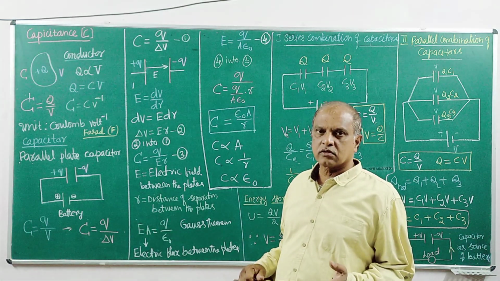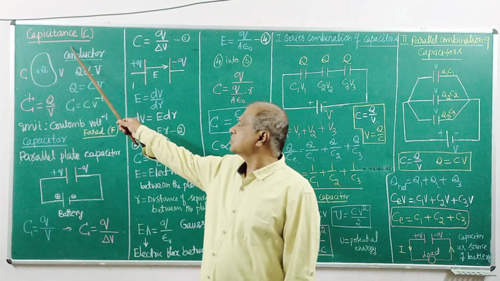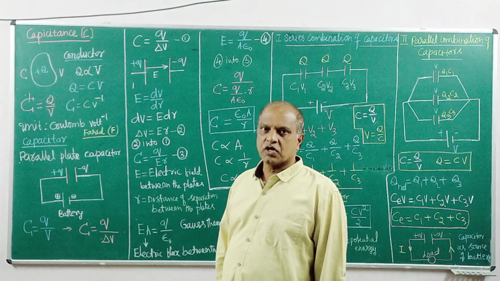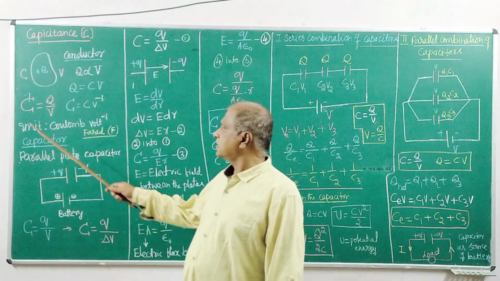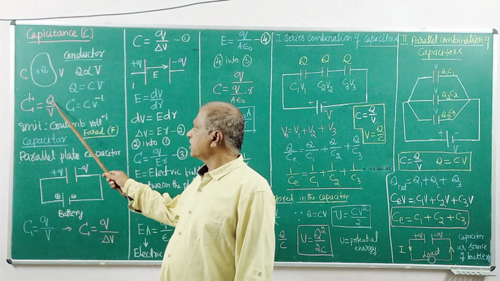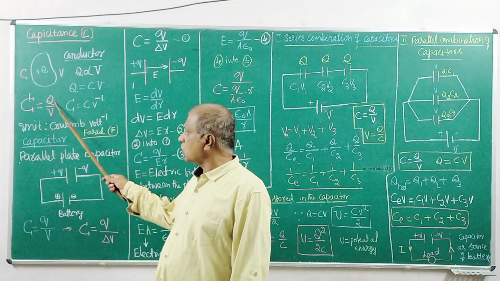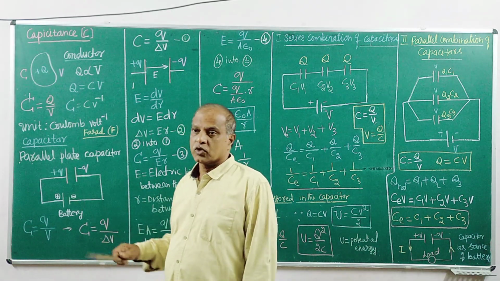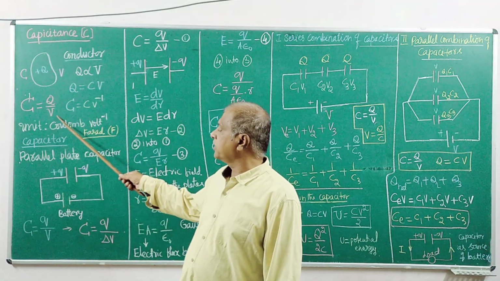More charge, if it can accommodate, more capacitance. Less charge, less capacitance. That is why capacitance is defined in terms of the charge accumulated or stored up, that is static charge stored up in that material, divided by the potential.